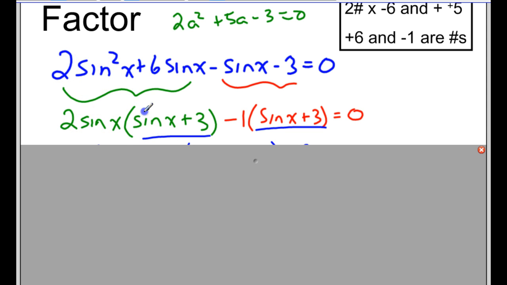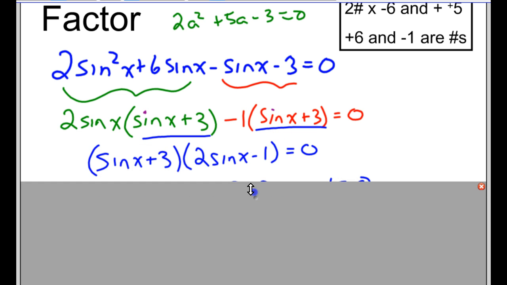I'm left with sine x plus 3 when I factor there. The common factor over here is the negative 1, leaving sine x plus 3. And that gives me sine x plus 3 times 2 sine x minus 1 is equal to 0. So sine x plus 3 is the common factor for the whole expression now, and 2 sine x minus 1 is the second term.